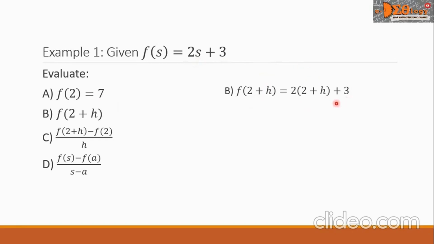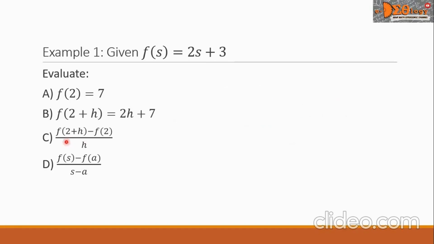Simplifying this, 2 times 2 will be 4, and 2 times h is 2h, then plus 3. We will now add together 4 and 3. It becomes 7. So our final answer here is 2h plus 7. Then we simply copy the answer in here.